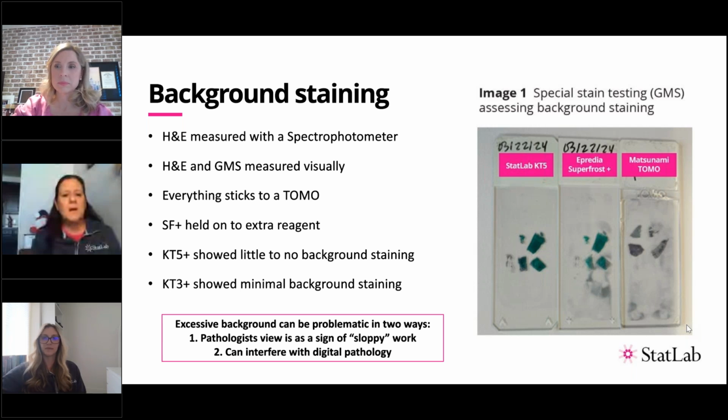This background could affect digital pathology. You can see that on the Matsunami Tomo, the background is a lot worse. Pathologists may pick up this background instead of the actual tissue.